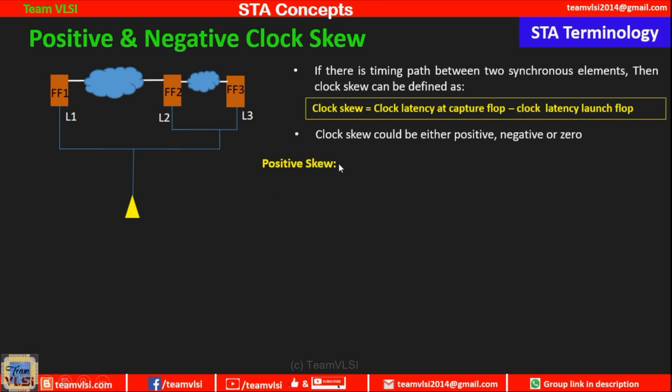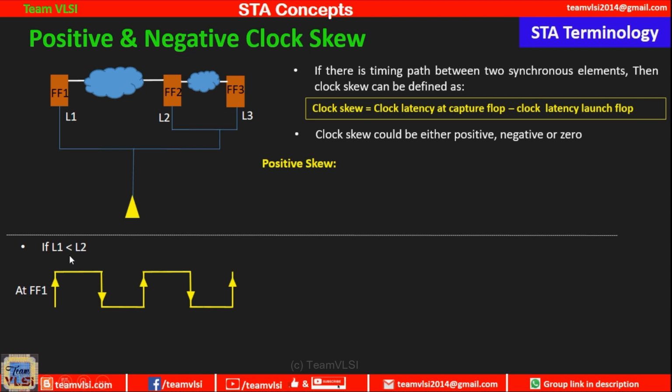Let's see the positive skew. Suppose L1, that is the latency of the launch flop, is less than L2. Flip flop 1 will see the clock first, then flip flop 2 will see the same clock after some delay.